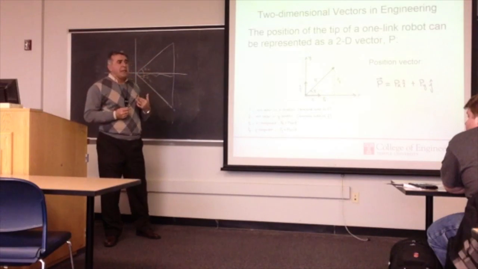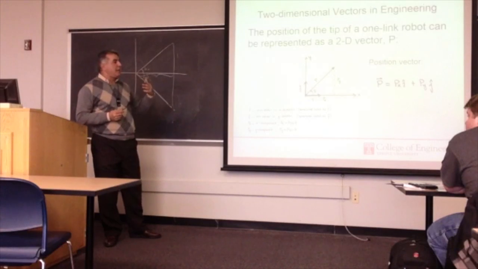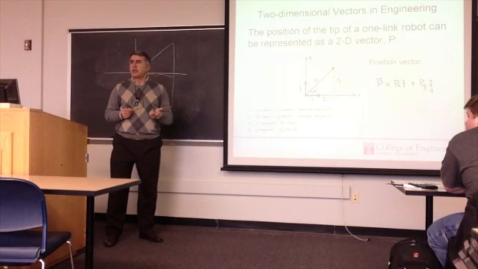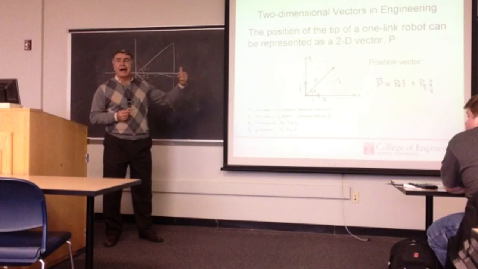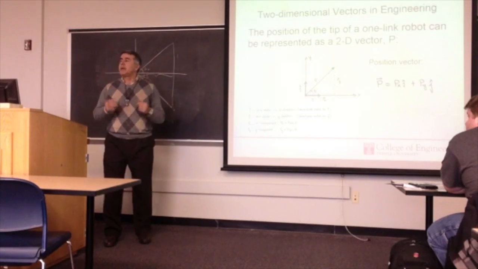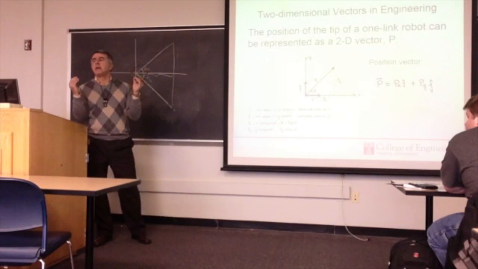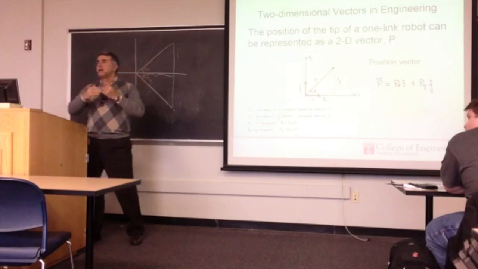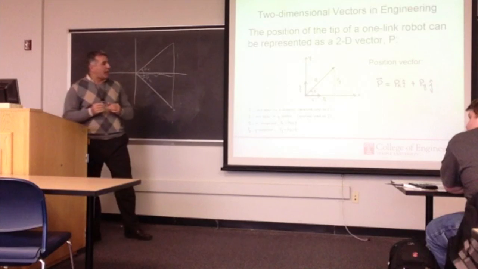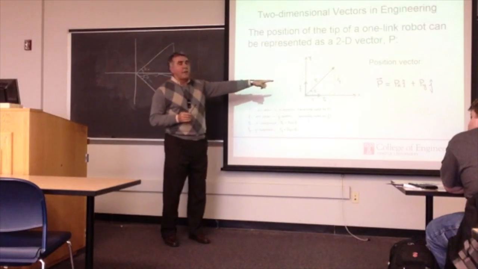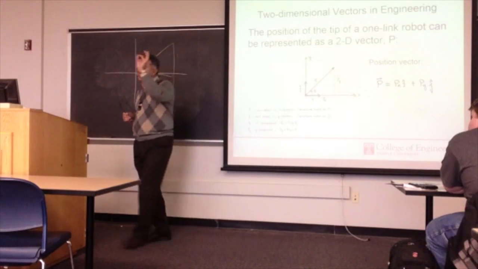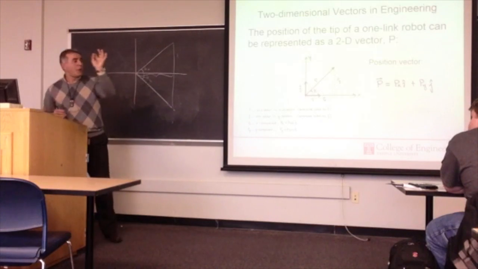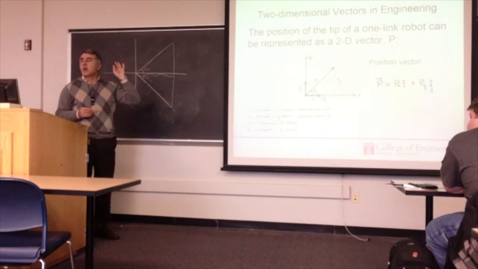So rather than me saying that it is 55 in the x direction, I say it's 55i. In other words, I'm giving you the magnitude of my vector, but I'm multiplying by the unit vector in the x direction. That is how I am describing the point P, which is the tip of my robot, in the x and y direction.